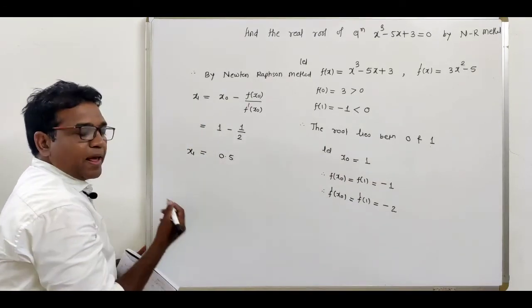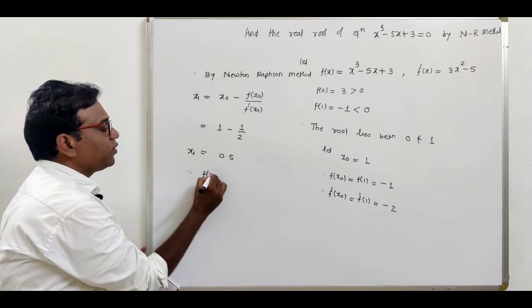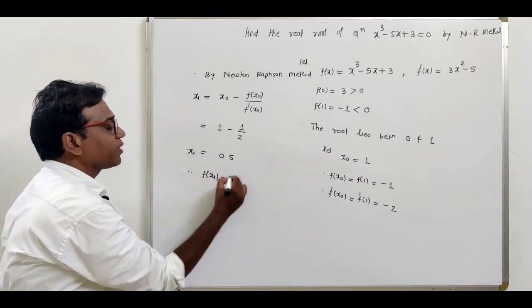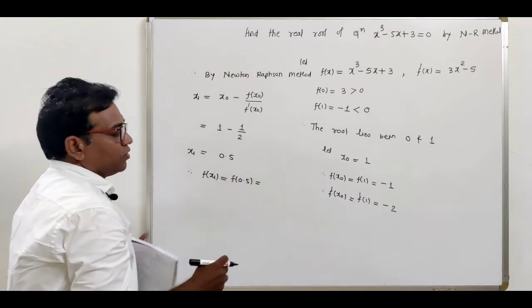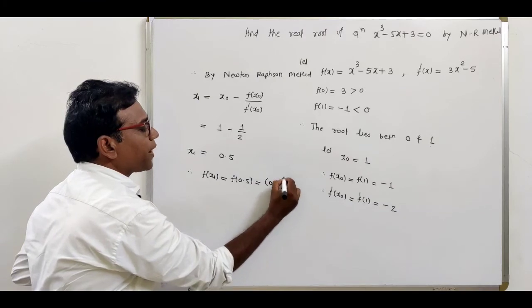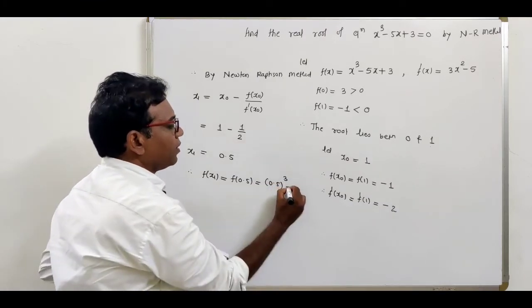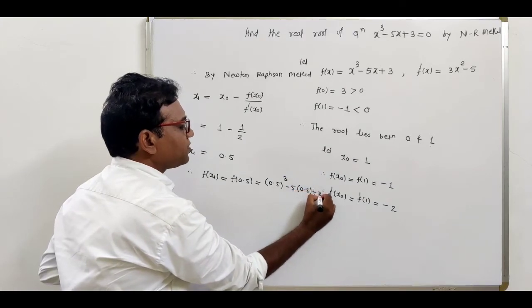Now find out the second approximate root. We require the functional value, so find out f of x1. This is f of 0.5. Put x equal to 0.5: this is 0.5 bracket cube minus 5 into 0.5 plus 3.